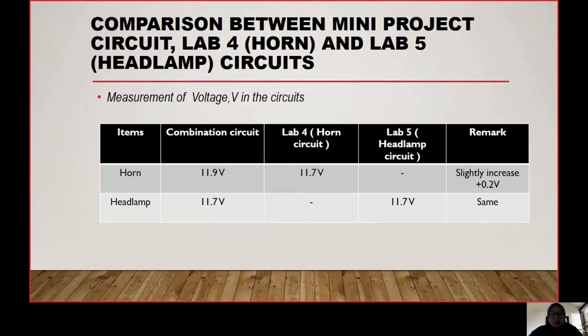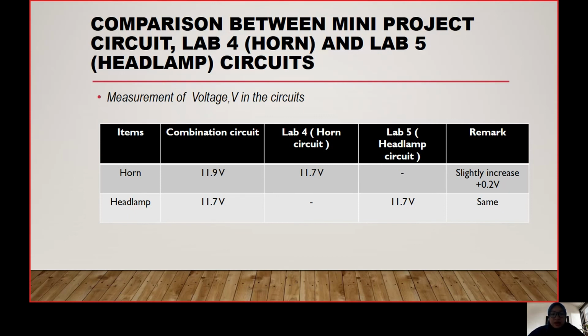The project circuit of lab 4 contains the horns and lab 5 contains the headlamp circuit. So we compare the mini project in lab 4 and lab 5 regarding the measurement of voltage in the circuit. The first item is the horn. For the combination circuit, the value of voltage of the horn is equal to 11.9 volt.